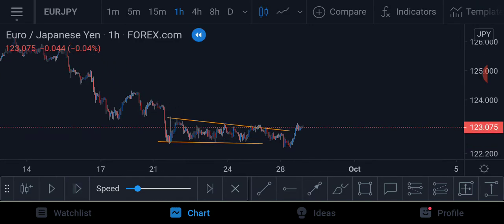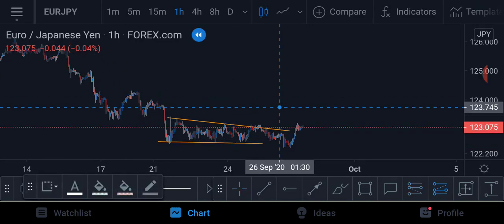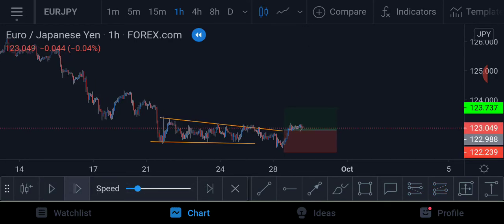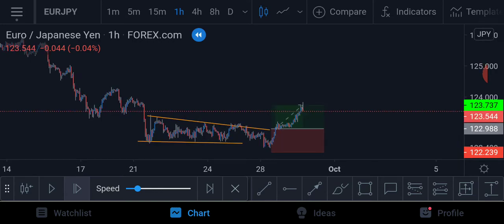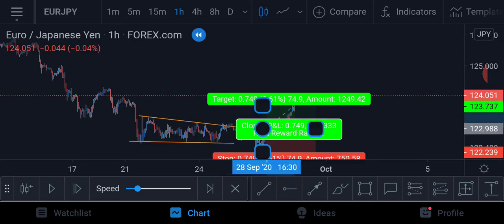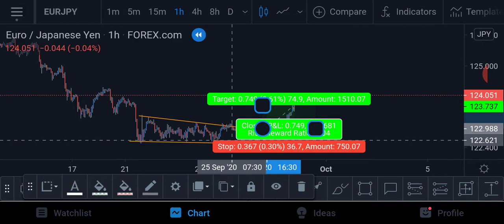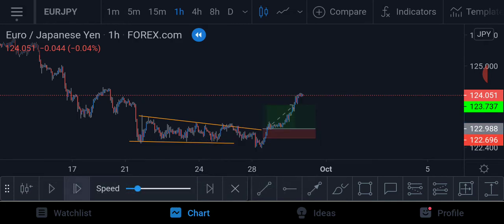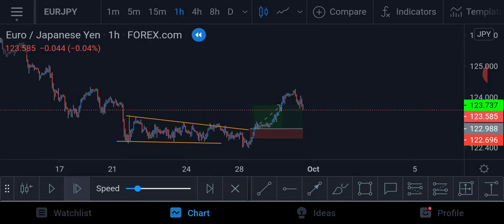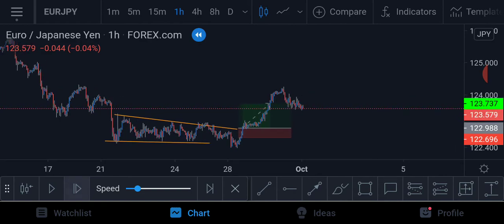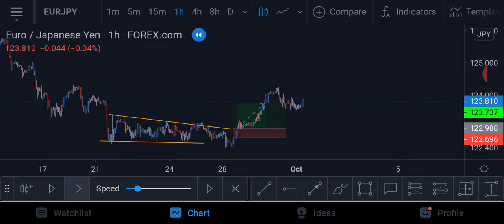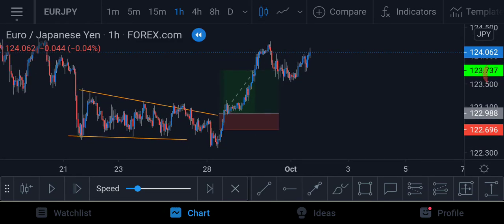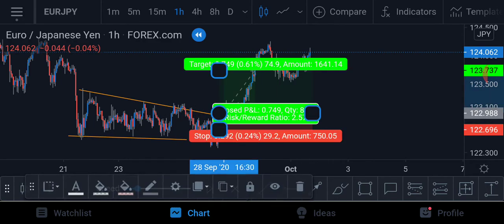Here we got the clear breakout, and now we are entering a buy trade. As you can see, price is moving very beautifully with a 25 pips stop loss. Let's see how much further it goes.